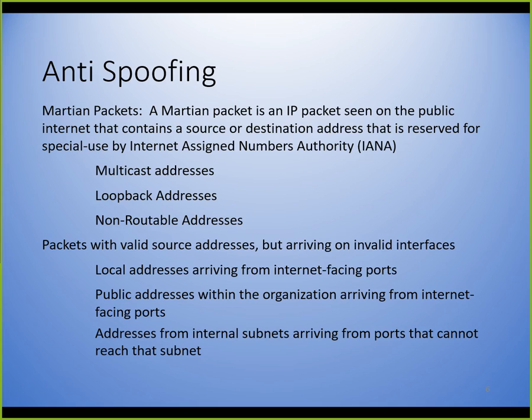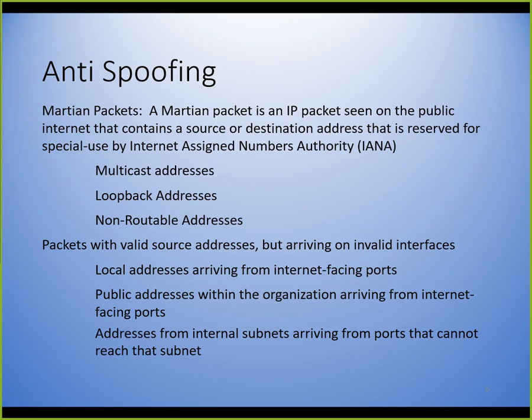Multicast addresses, private addresses, loopback addresses, non-routable addresses, which would be the private IP addresses, the 10s, the 172.16s, and the 192.168 addresses, and they're called Martians. Also packets with valid source addressing but arriving on invalid interfaces. It's coming in where it shouldn't be. Like maybe one of our private IP addresses has been spoofed and comes in on our outside interface.